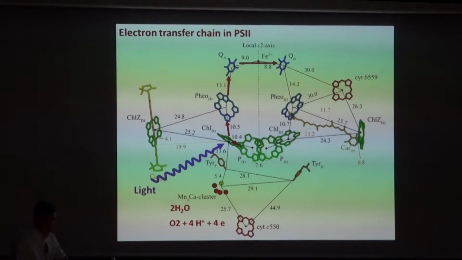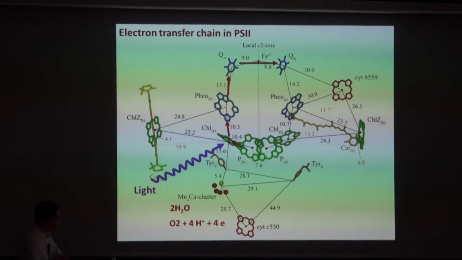This then produces a charge-separated state. The electron is transferred to QB here, and then the initial chlorophyll molecule here becomes a cation. So this chlorophyll cation wants to receive 1 electron to be reduced to its initial state.